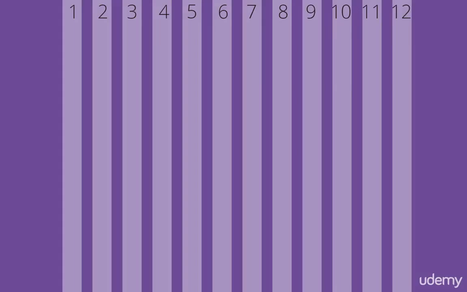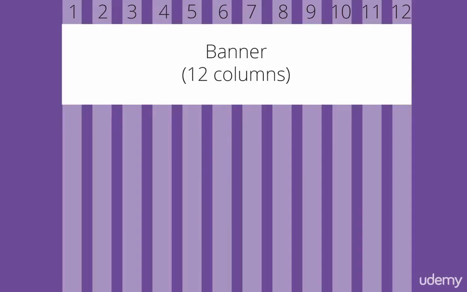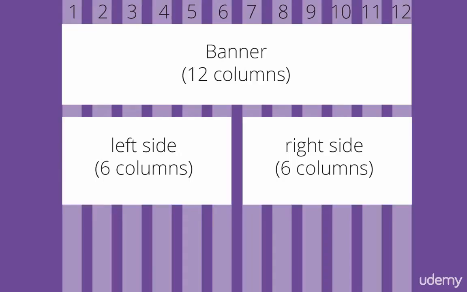But basically, whenever we use these 12 columns, we can choose how many columns we want to use at a time. We might have a banner that takes up all 12 columns. And then there might be times where we want a left side and a right side to our website. So we can create a row with 2 divs that take up 6 columns each.